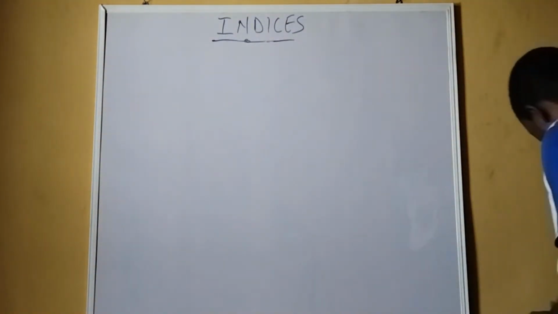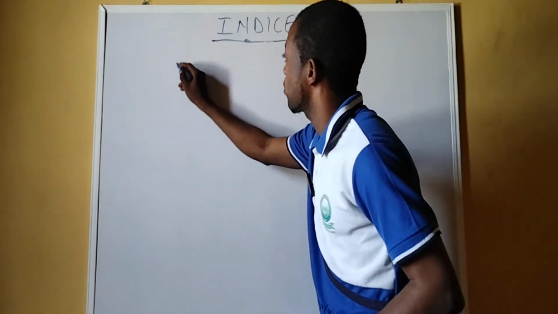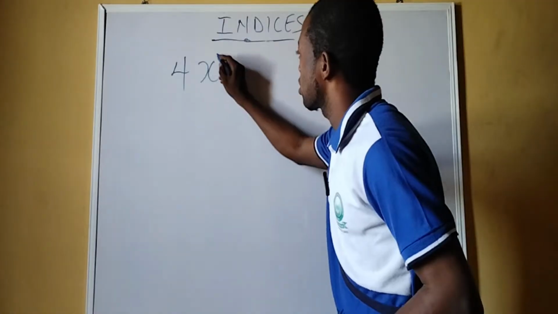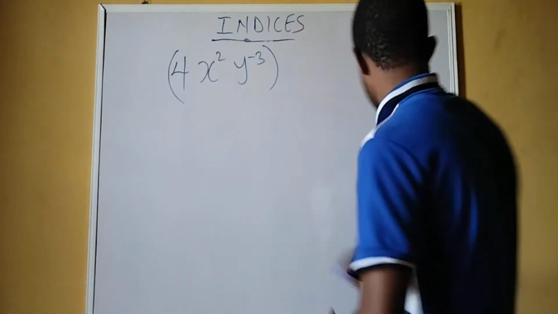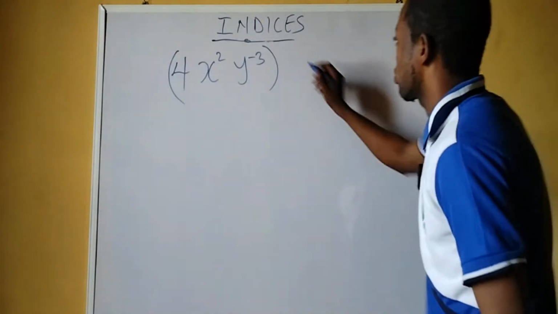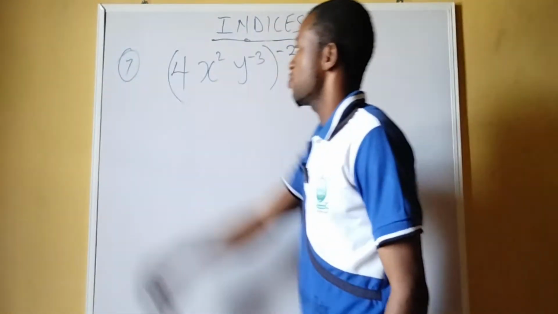And here we have 4x squared y to the power minus 3, then all raised to power minus 2. Now simplify this number 7.